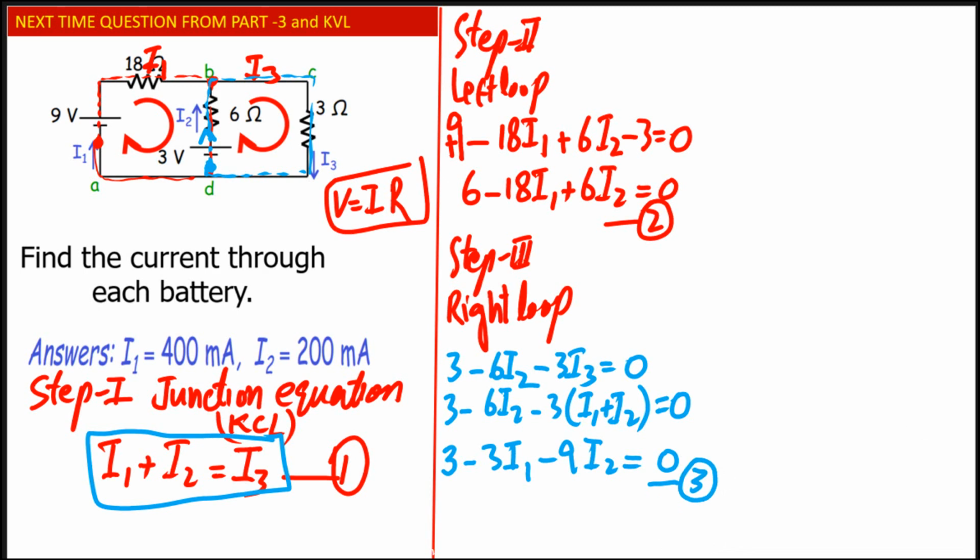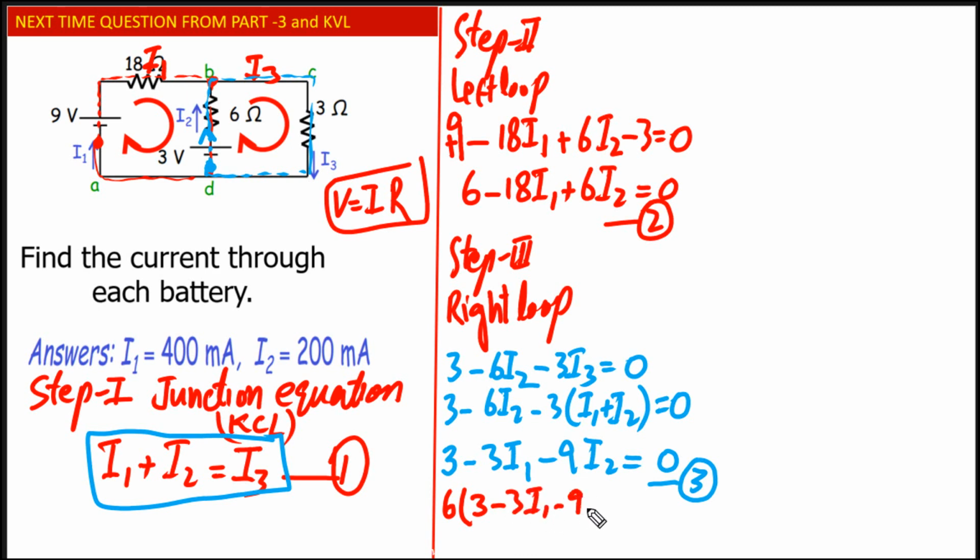Now if we look at equations 2 and 3, you can see here we have minus 3I1, here we have minus 18I1. So if we can cancel I1, then we can get the value of I2. So let's try to cancel I1 now. In order to cancel minus 3I1, we have to multiply this by 6. So let's multiply this one by 6 on both sides.